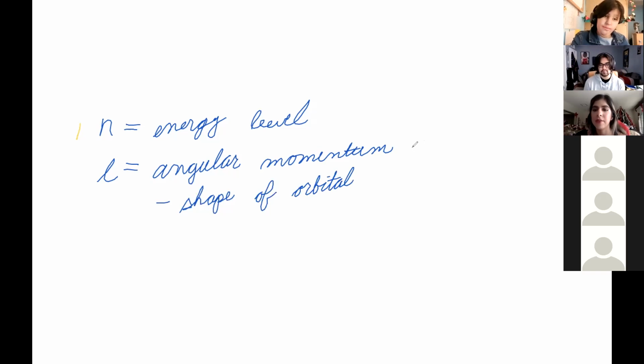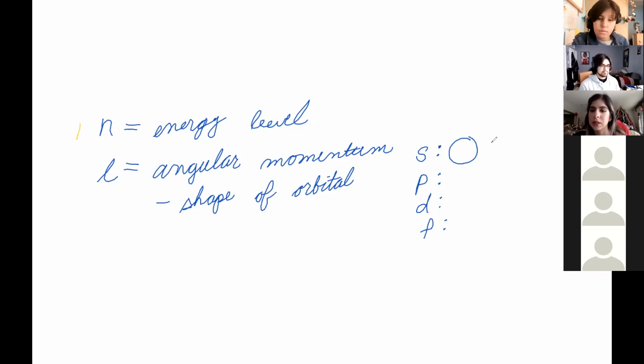So if we have S, what is it going to look like? This is 0. Yes, the angular momentum number will be 0, but what is it going to look like? Like a sphere. Okay, cool. And then we can have P, D, and F. So can anyone tell me what P will look like?